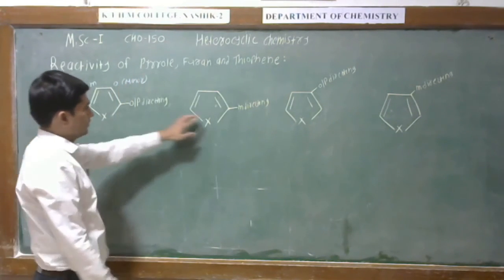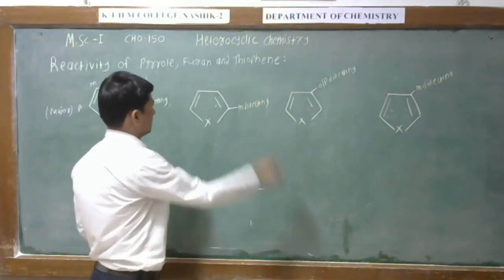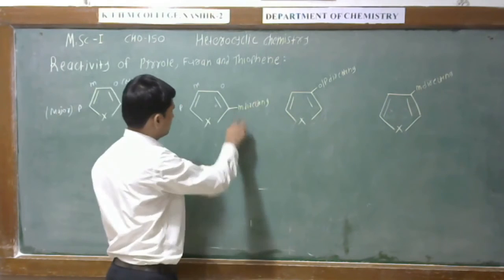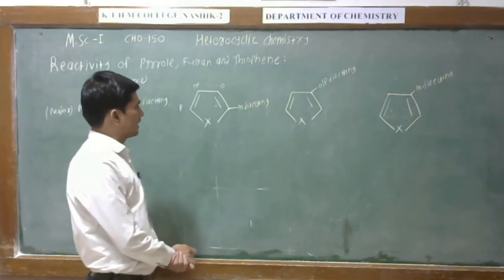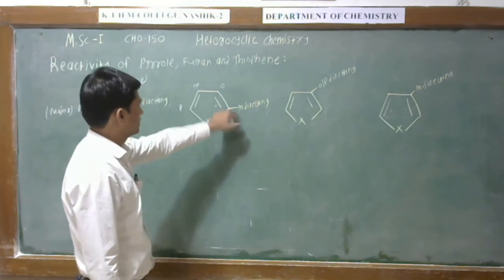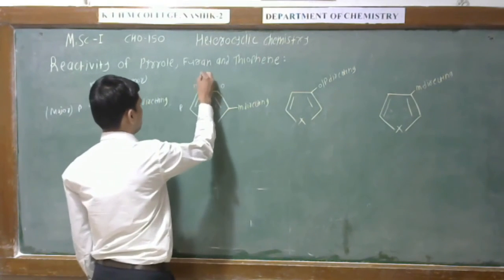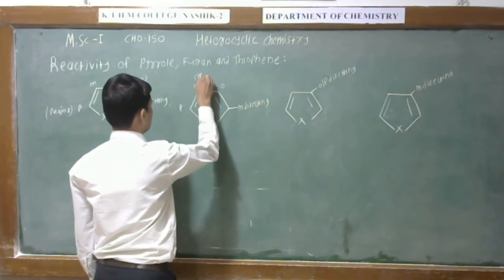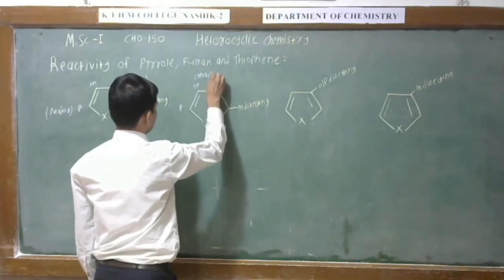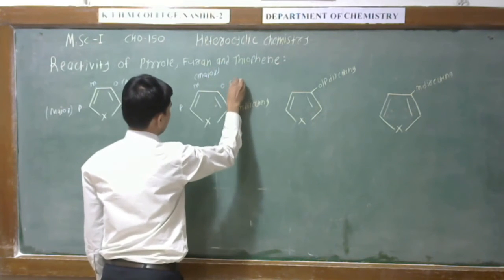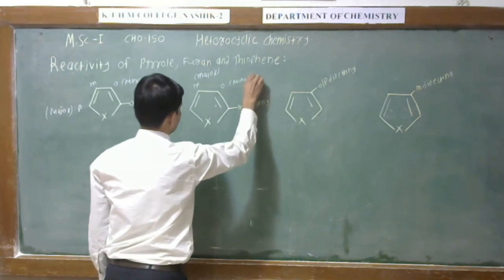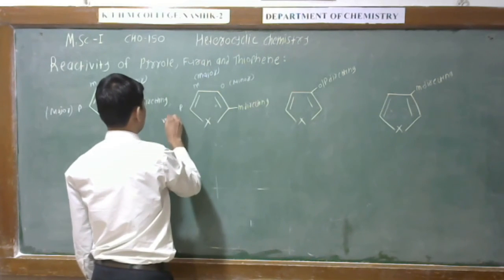Now if here is a meta directing group, see, this is the ortho, this is meta, and this is para. If a meta directing group is present on the alpha position, then electrophilic substitution takes place at the meta position. See, this is the major substitution here, this is the major substitution here, and these are very minor substitutions.